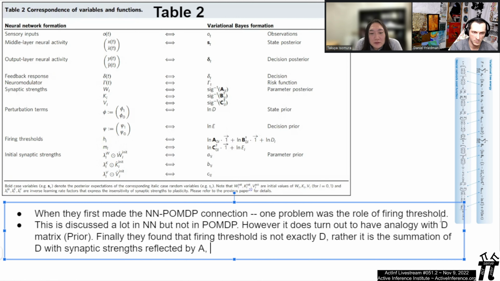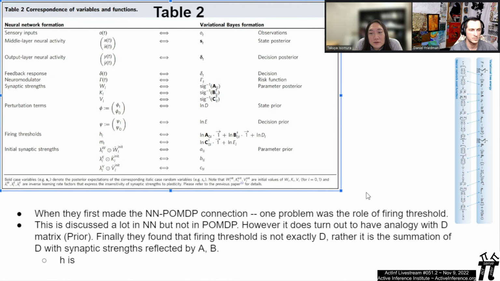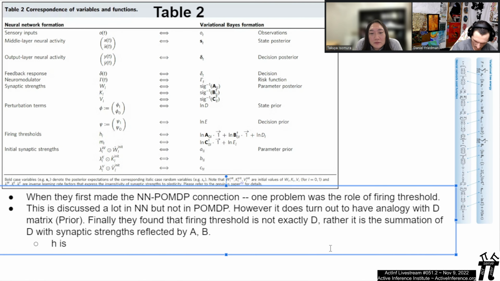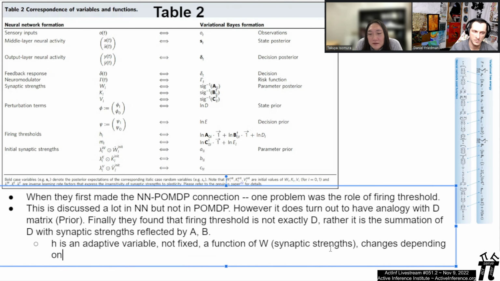In other words, H, which is a firing threshold in neural network architecture, is actually an adaptive threshold, which is not a fixed value, but H is a function of W, the synaptic strengths, and H changes depending on W's value. For example, if W is too large, then neural activity can be unstable. So H has to reduce the activity to make neural activity more stable. So we can see an analogy of a homeostatic mechanism here.